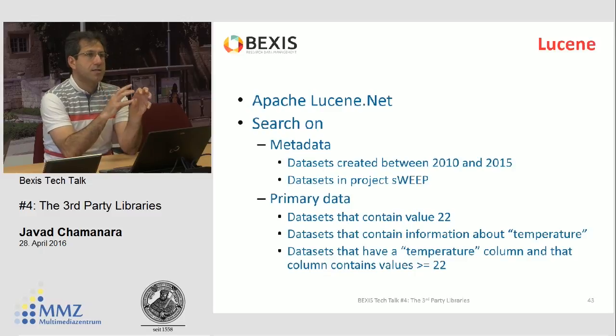And again, this metadata is of unpredictable structure, although we are providing and promoting some standard structures, but users of BEXIS, or let's say data managers or administrators of BEXIS, are free to have their own metadata structure.